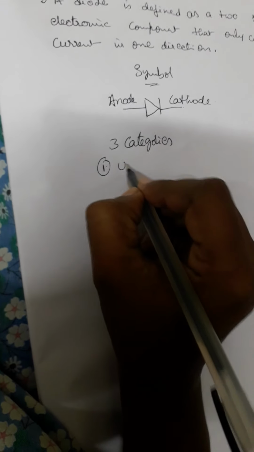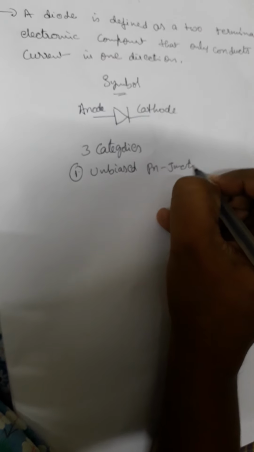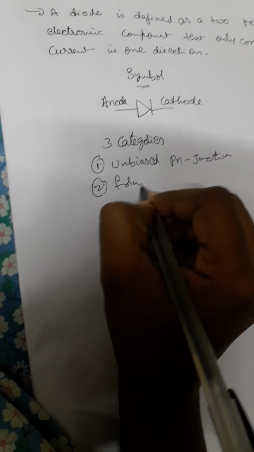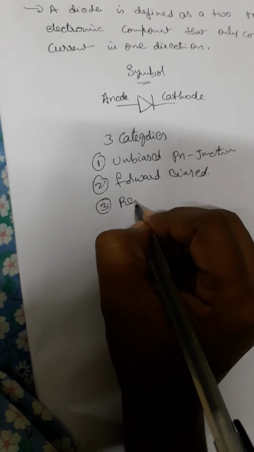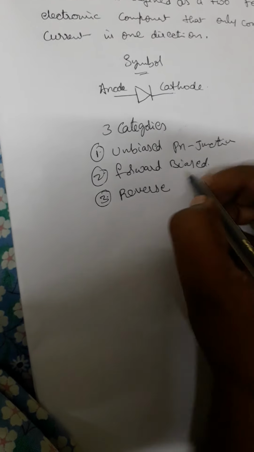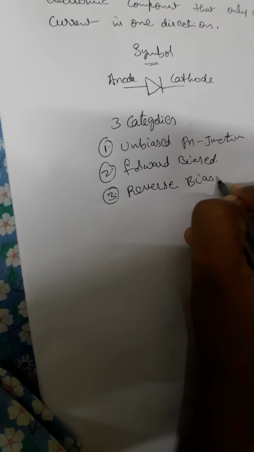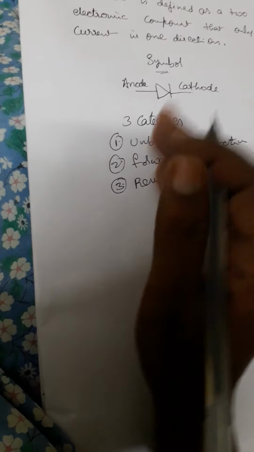First one is unbiased PN junction, second one is forward biased, and third one is reverse biased. We will discuss each of them one by one.